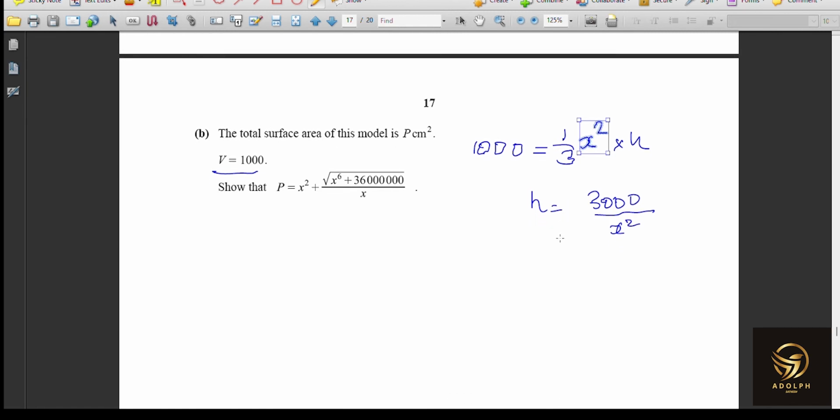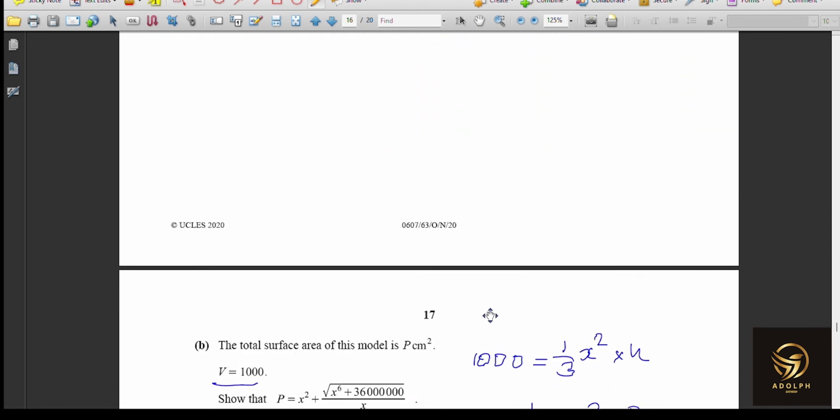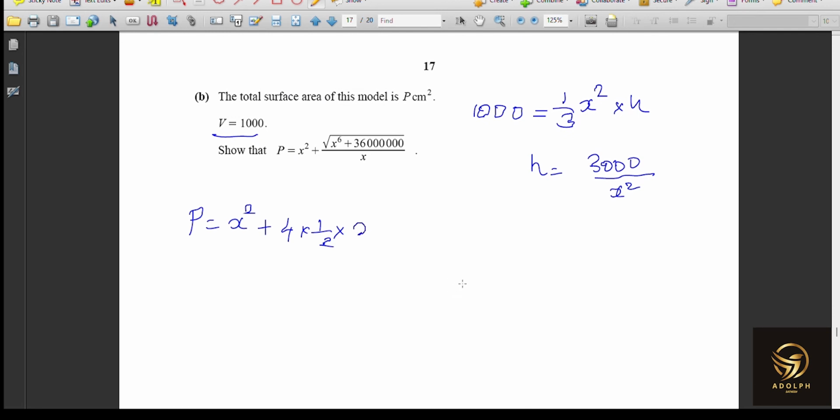Now if you substitute these values here, P is the total surface area, so P equals the base, that is x squared, plus 4 triangles, which is 4 into half into base into height. The base is x here, because this full base is x, so it is x into height. What is the height?